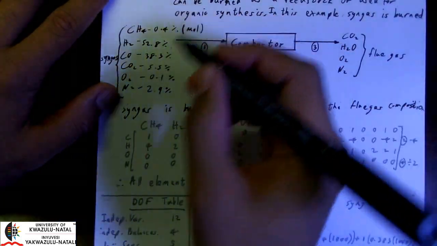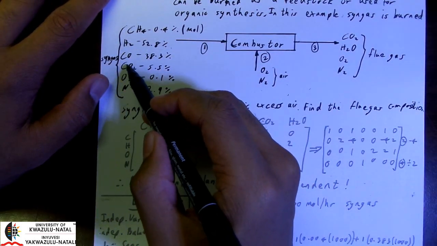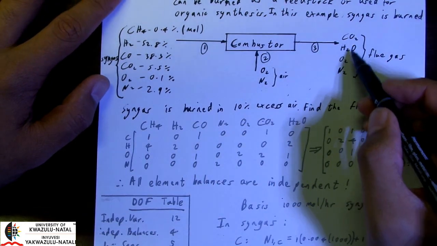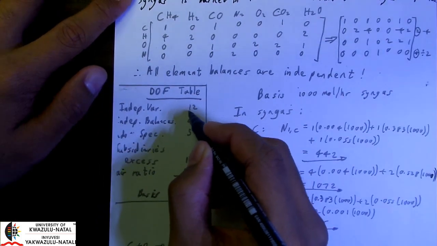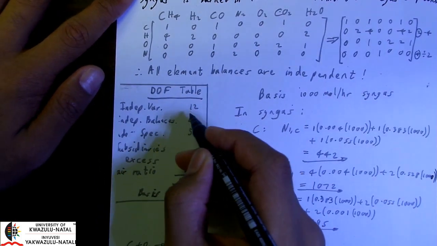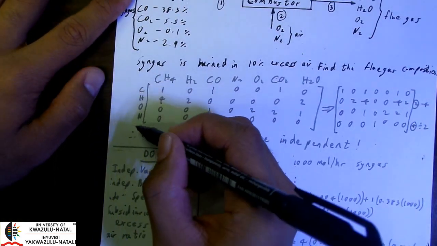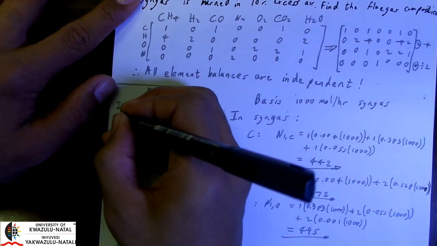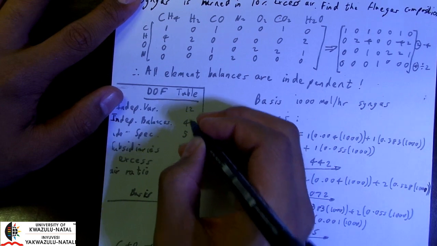So our number of independent variables are as follows. We count 1, 2, 3, 4, 5, 6, 7, 8, 9, 10, 11, 12. Okay, so that's 12 independent variables. There are a maximum of 4 elements associated with this combustor. So my number of independent balances is 4.